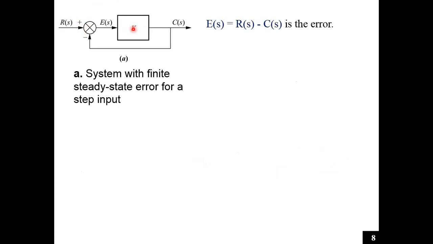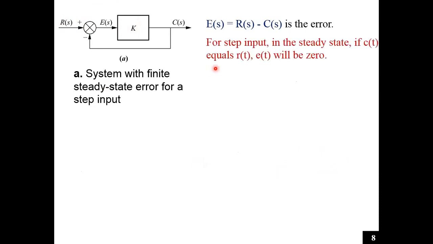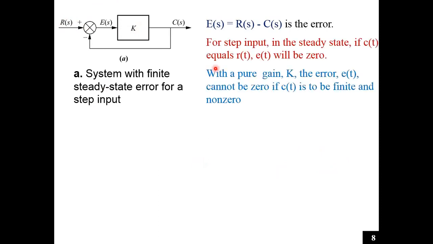and we are assuming that the K term is a constant and it is a pure gain. So in this particular example, the error cannot be 0 because this K is a pure gain.